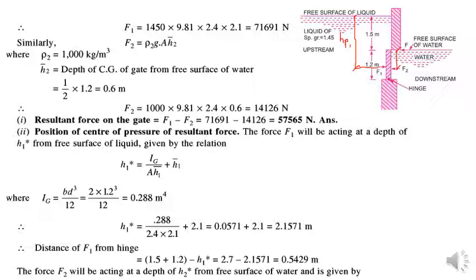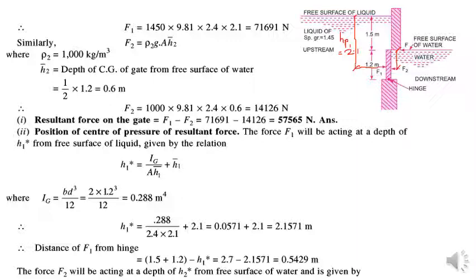Now, if we are concerned with the point of application of these hydrostatic forces, we need to determine the center of pressure. These centers of pressure will give you exactly the point of application of these two forces. So H1 comes out to be 2.1571 from the top surface.